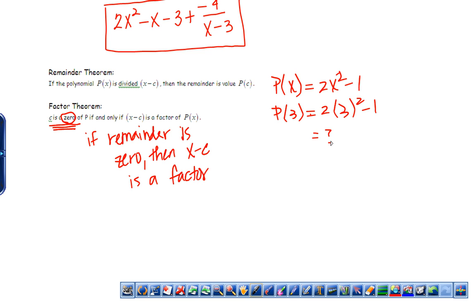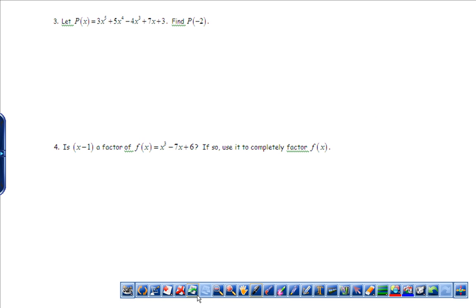So if I were to get 0 here, then x minus 3 is a factor of this polynomial. Looking at number 3, it gives you a polynomial, and it says p of negative 2. You could plug in negative 2 here and use the remainder theorem and see if it is a factor.